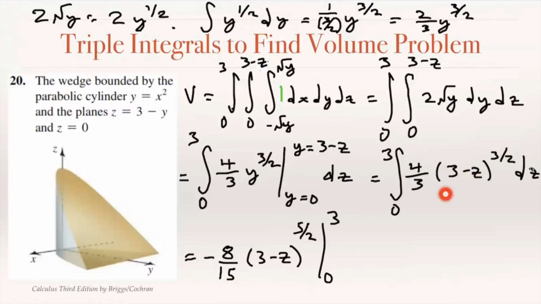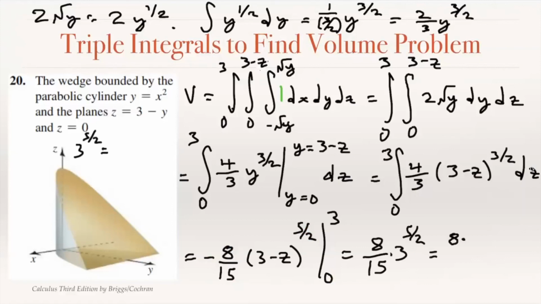So the integral of this is negative 8/15 times 3 minus z to the 5/2, and we're evaluating that between 0 and 3. Plug in 3, it's 3 minus 3 becomes 0, and then we're subtracting negative 8/15 times 3 to the 5/2. So we have 8/15 times 3 to the 5/2.